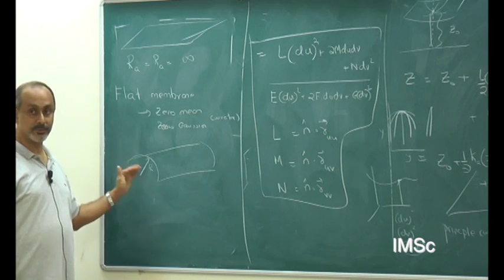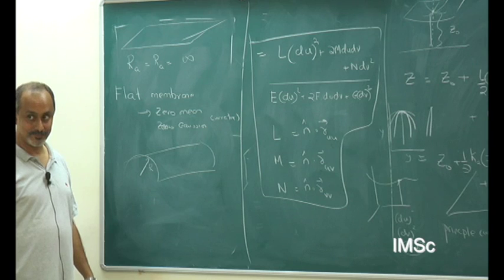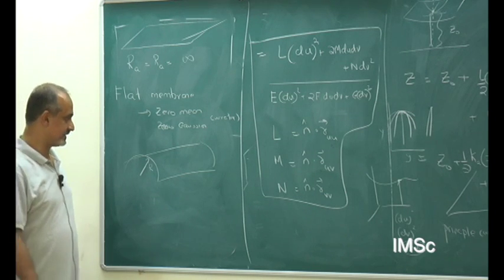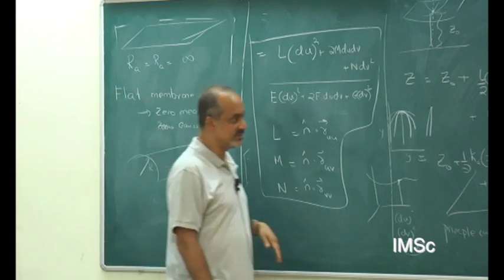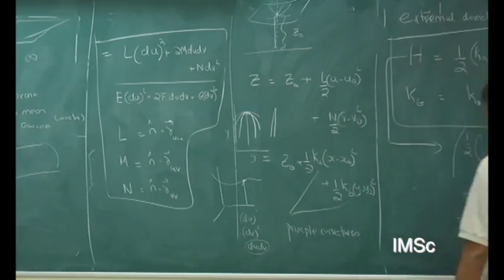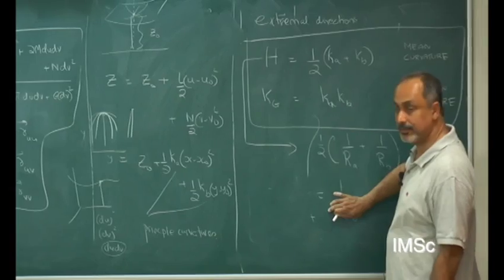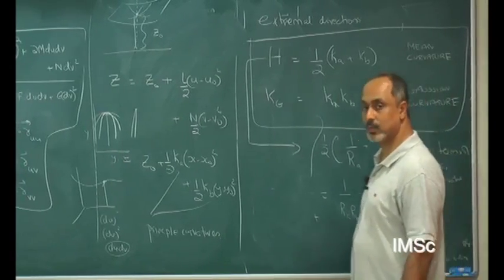Remember how to think about this. One radius is infinite, one is r. Yeah, correct, exactly. So one of the radii of curvature is r and the other is infinite, which means that the Gaussian curvature is 0 and the mean curvature is 1 by 2r.